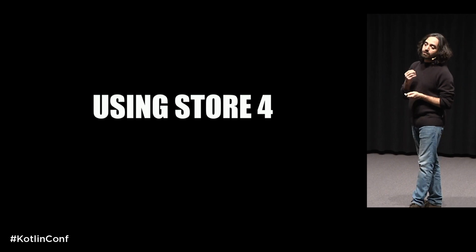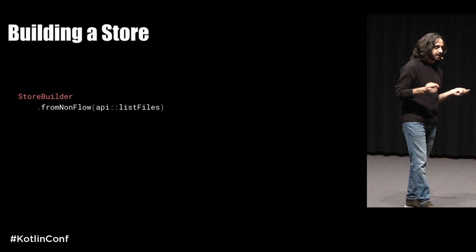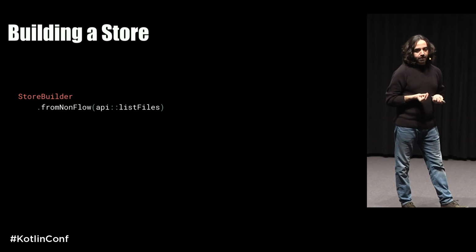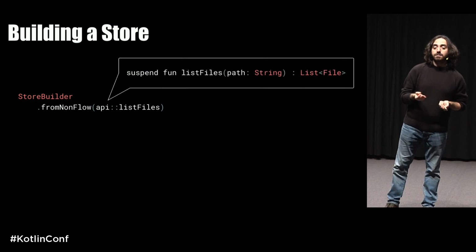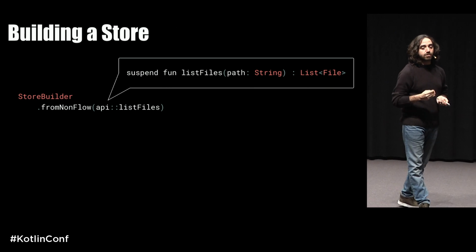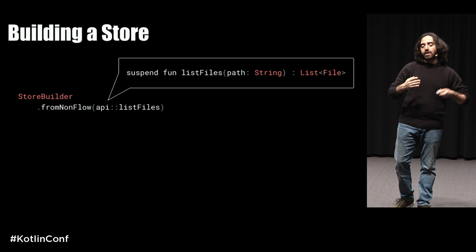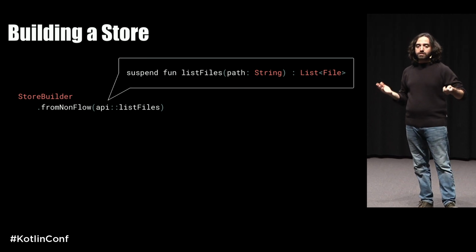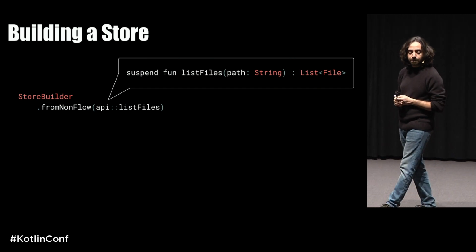So let's look at how this API looks. Again, same thing, we have a builder. You give it a fetcher, and here, all I'm giving it is a suspend function, and this suspend function returns a value. Even here already, we are taking advantage of Kotlin's fluent API. The same function could have been returning a flow of values, if it is an observable backend; in this one, it's just a single.